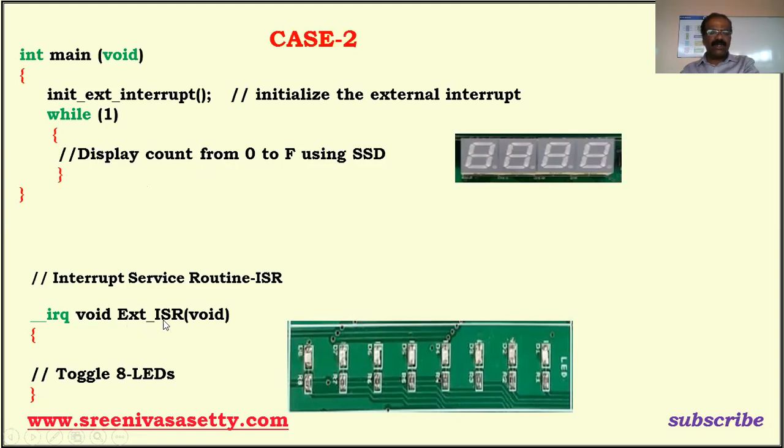The control goes to the ISR, which toggles 8 LEDs. After completion of this, it returns back to the main program and starts where it was stopped. That's the main purpose.